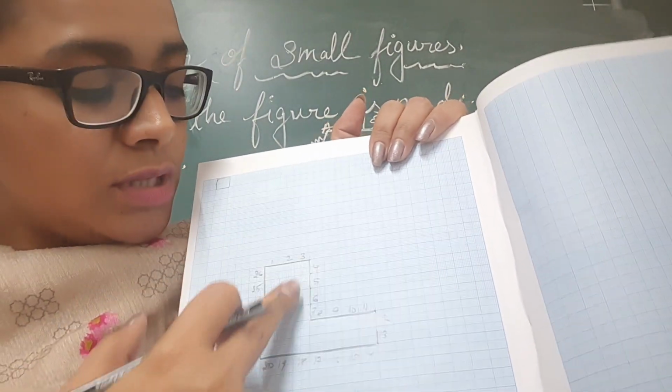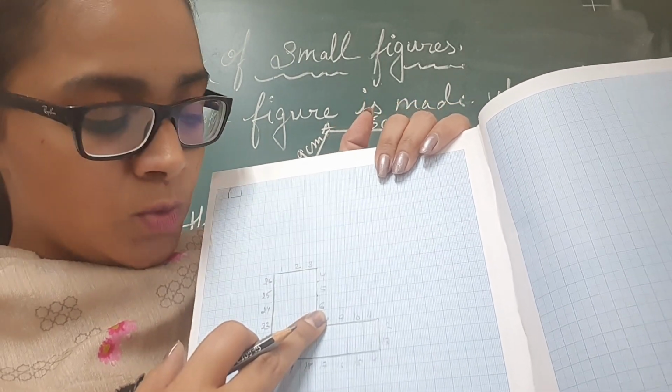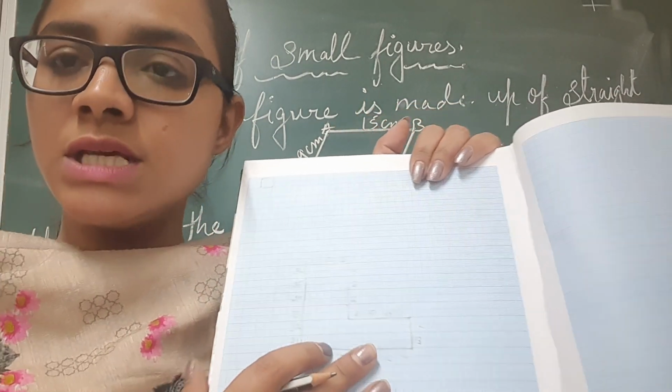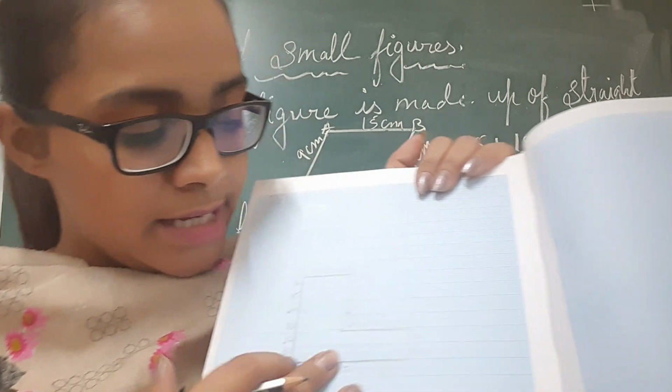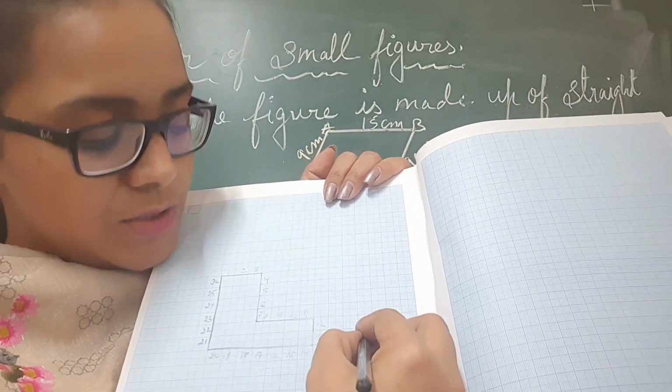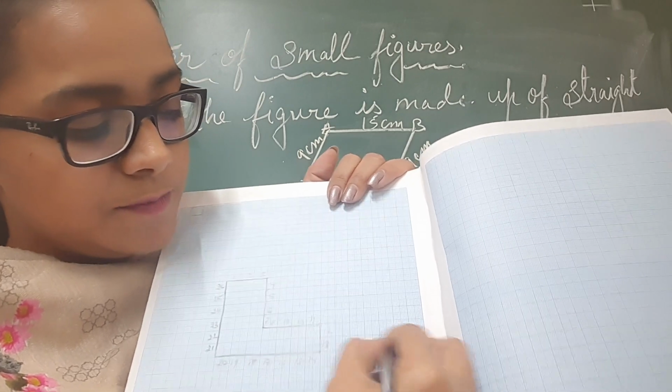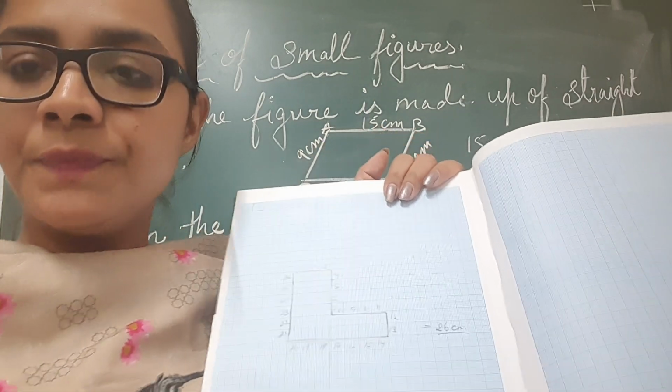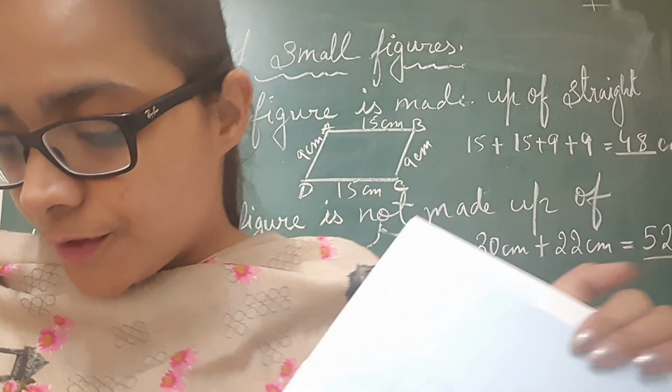So the total length of this closed figure drawn on this unit square paper is the perimeter of this, it is 26 centimeter. Okay.